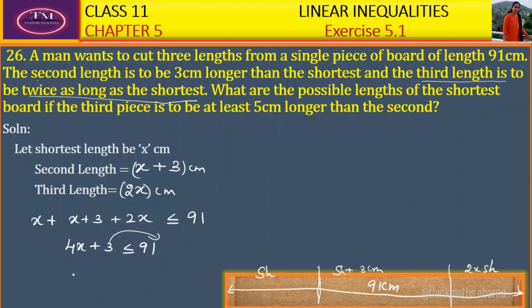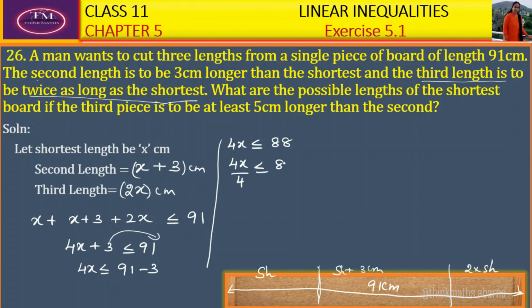This 3 when it goes this side, we will get 4x less than or equal to 91 minus 3. What is 91 minus 3? It is 88. So dividing by 4 on both sides, x less than or equal to 22. So this is one of the inequality.